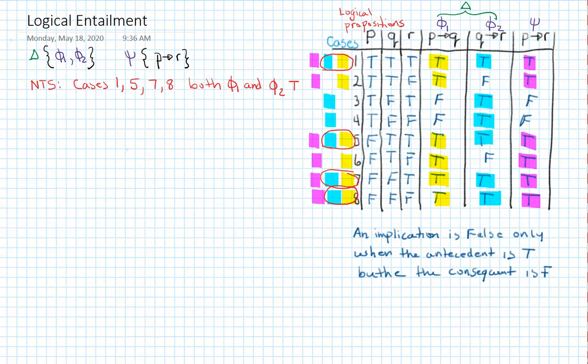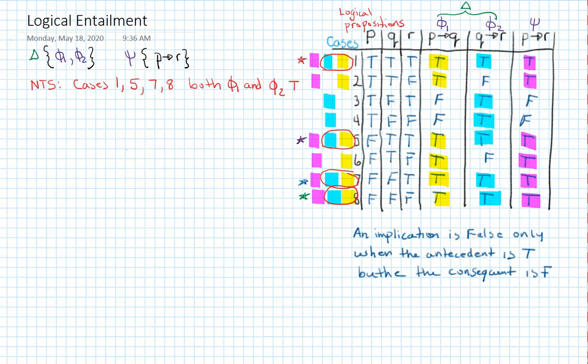Now, notice that in every case where both phi 1 and phi 2 are true, and that's these cases here, in every one of those cases, if phi 1 and phi 2 are both simultaneously true, then psi is also true.